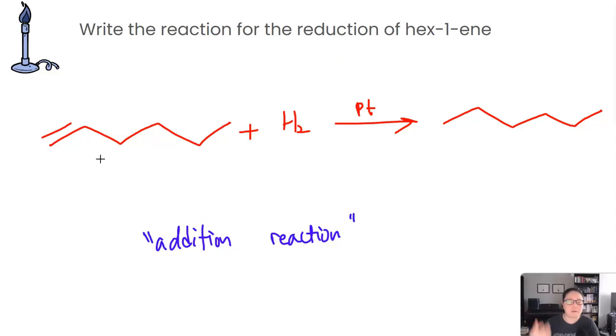There are other types of compounds that you can add to these double bonds or triple bonds. And so that whole class of reaction can also be referred to as an addition reaction. So this is one of many other kinds of addition reactions, on top of also being a reduction reaction.